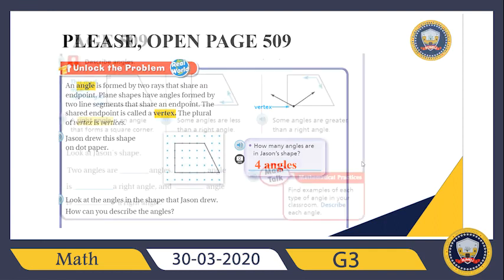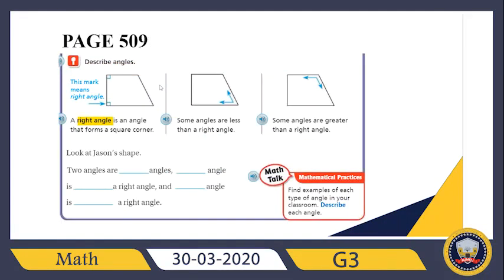Good. So right now let's check right angles, less than a right angle, and greater than a right angle. Remember the beginning of the class. If you see a square at the vertex in the angle, it represents a right angle because it's an angle that forms a square corner. What about this angle?